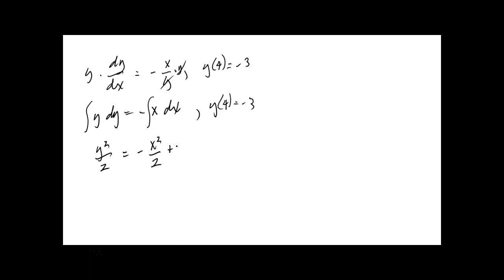If this were not an initial value problem, I would actually put it as a c over 2 so I could wipe out my 2's. Let's go and do it that way, okay? c over 2. Why not? That's still a constant.